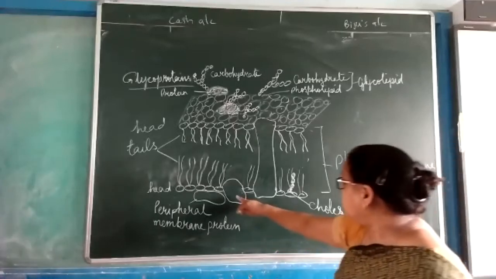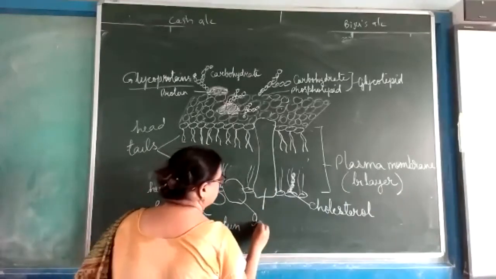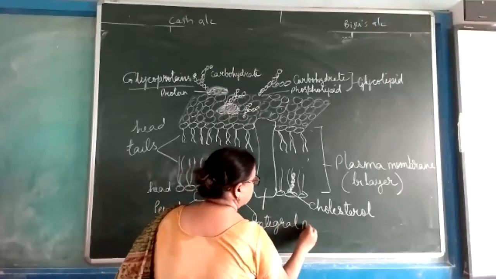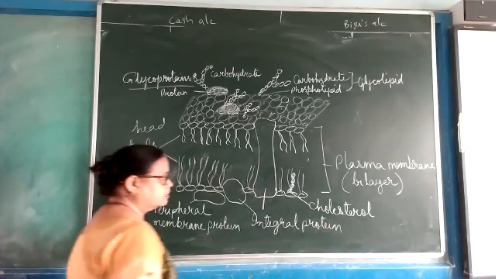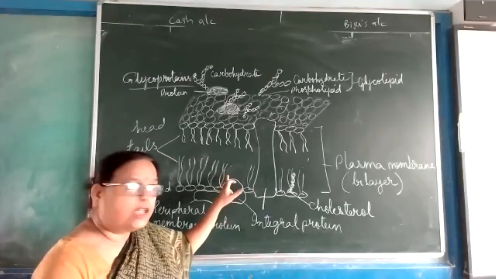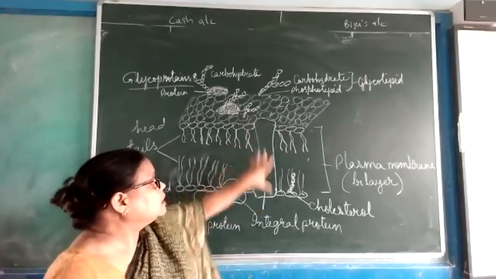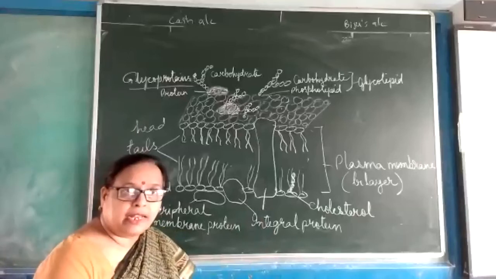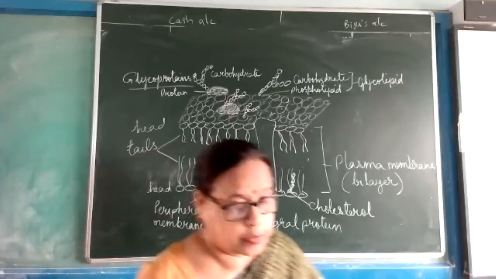And this one and this one will be the integral protein. This is partially embedded in the phospholipid bilayer, and this is completely embedded in the phospholipid bilayer. So this is called integral protein.